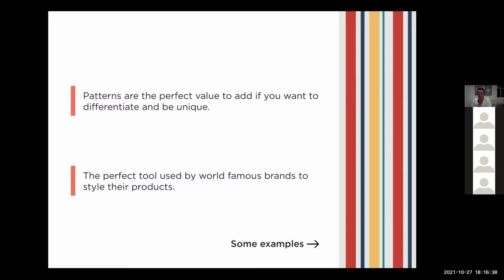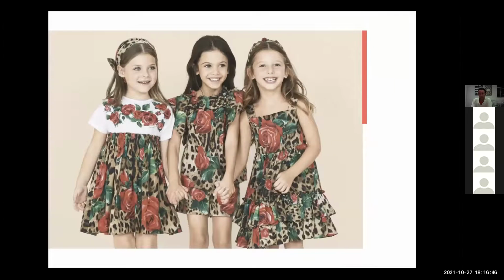Let me tell you how I see it: for me, it's a pattern that makes a brand, and I'm going to explain why. For example, I'll show you a few examples of very big, famous brands who applied patterns to their products. This dress is from a very high-end brand, Dolce & Gabbana, as you're probably familiar with.